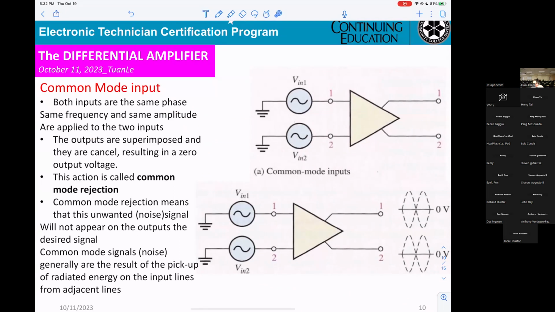The outputs are superimposed and they are cancelled, resulting in a zero output. That means if you apply an identical signal to input 1 and input 2, the output cancels out, so you get zero out.